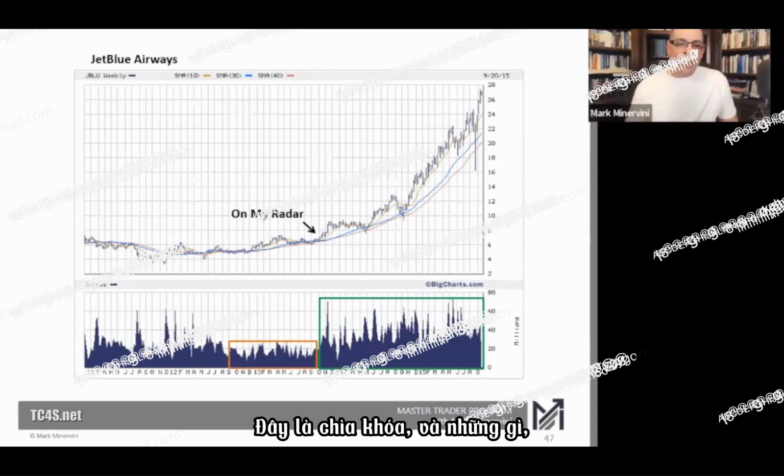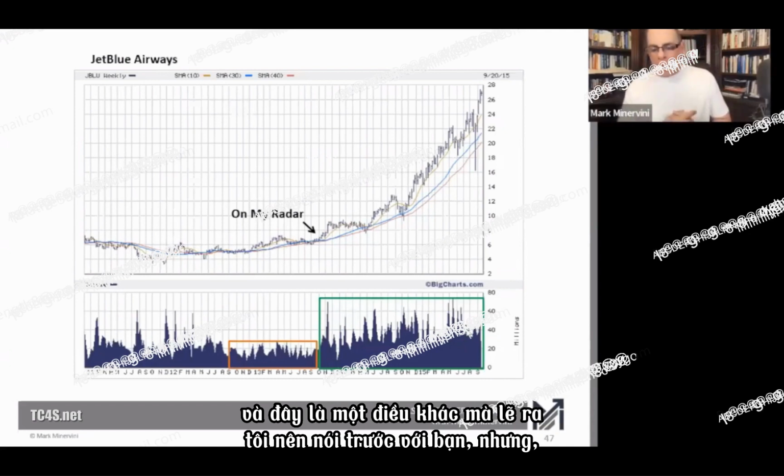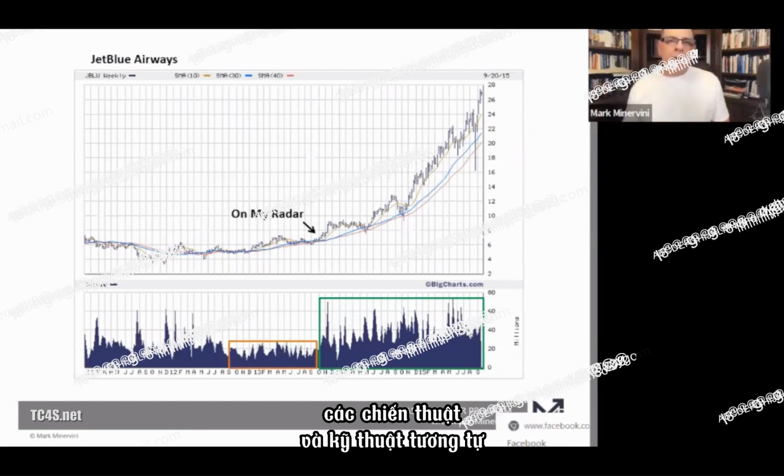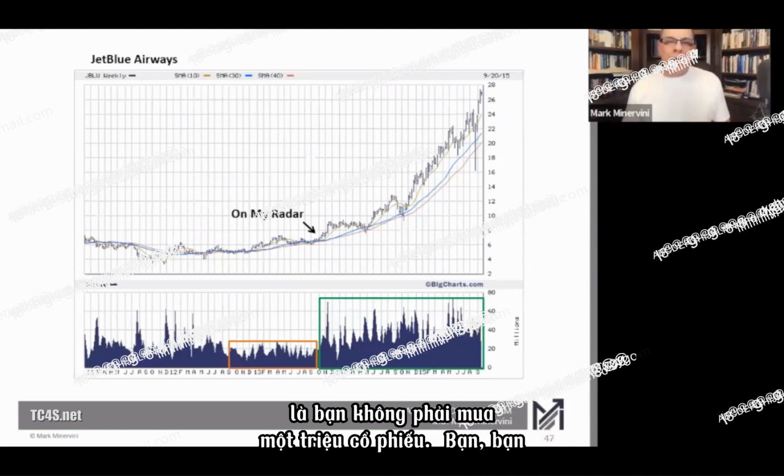Here's the key, though, and this is another thing I probably should have told you up front: I'm going to give you the same tactics and techniques that the institutions use. The difference is that you don't have to buy 1 million shares. You don't have to go to an approval board.